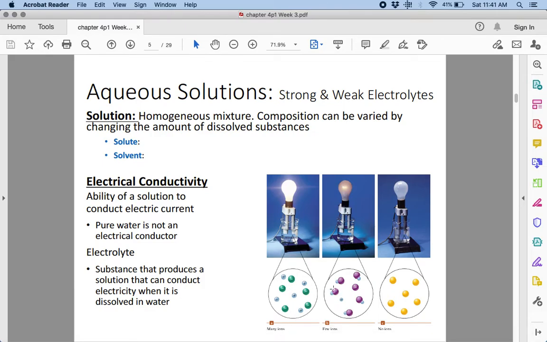If we have a lot of ions present in our solution, positive ions and negative ions, it would make sense that the electrons in the electrical current would be able to easily jump around through the solution, hence very high electrical conductivity. If we have a couple sparse ions around, the electrons might be able to flow through a little bit. If there are no ions present, there's nothing for the electrons to jump around through. So we have strong electrolyte, weak electrolyte, non-electrolyte.